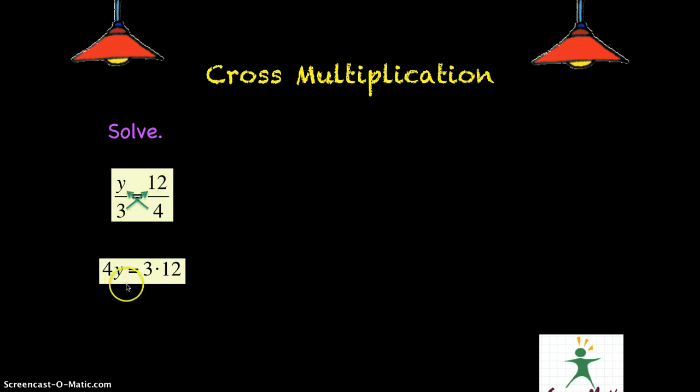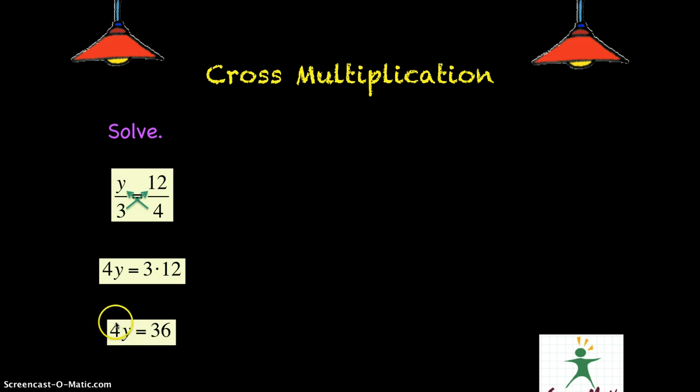Simplifying this equation, 4y equals 3 times 12. 3 times 12 is 36. Now, using what you know about solving two-step problems in algebra, when you have 4y, it means multiplication, so we will use the opposite operation of multiplication, and that will be division.